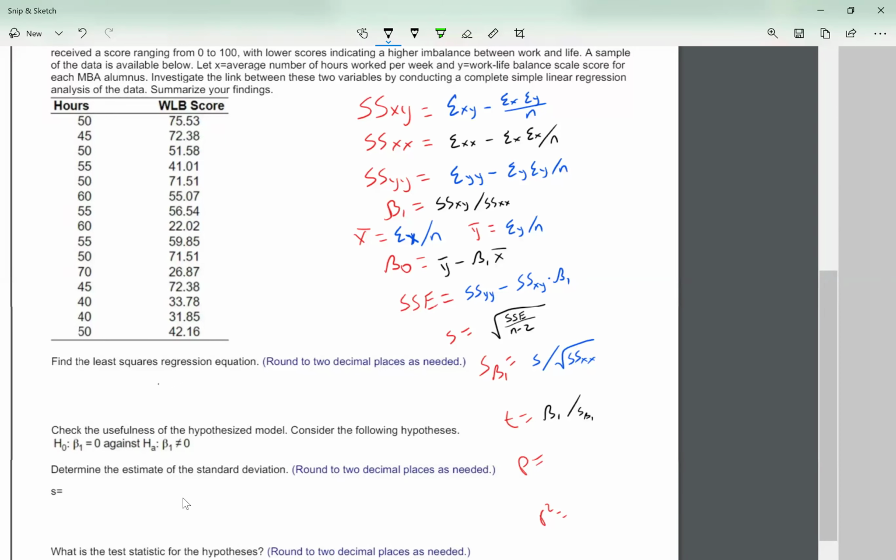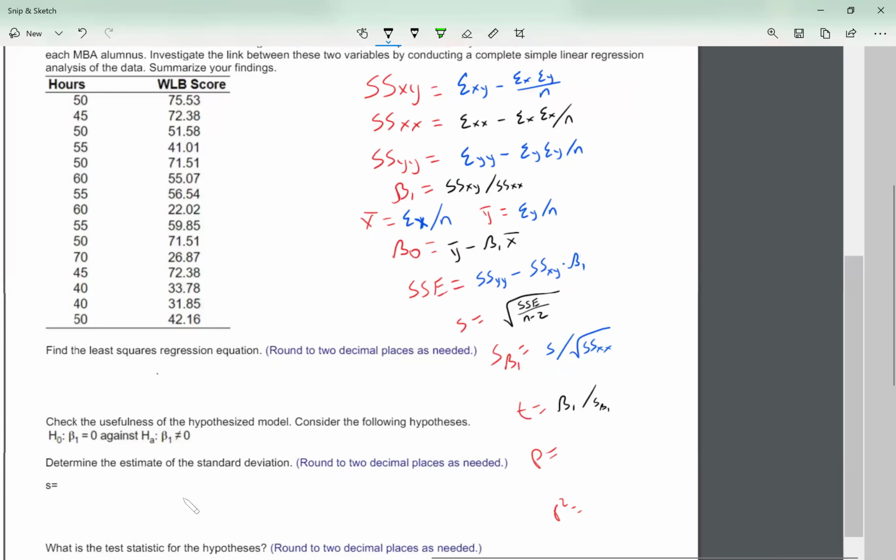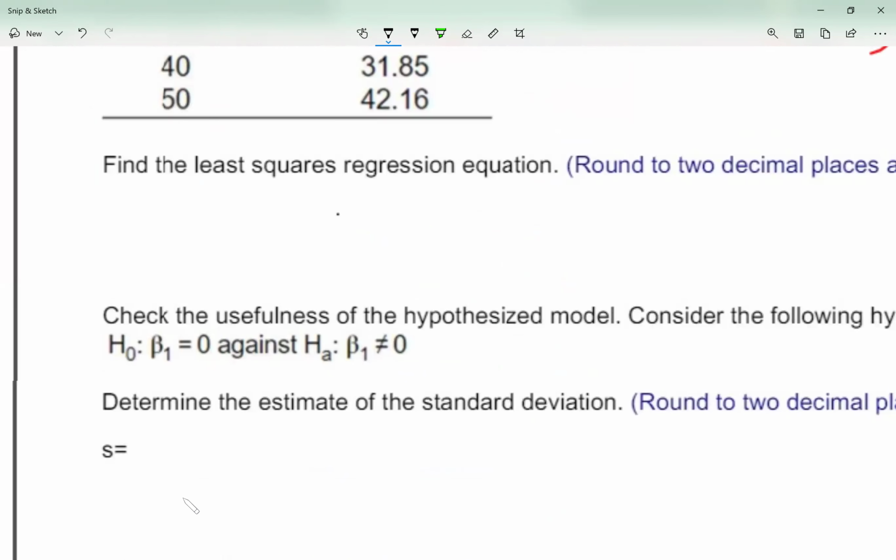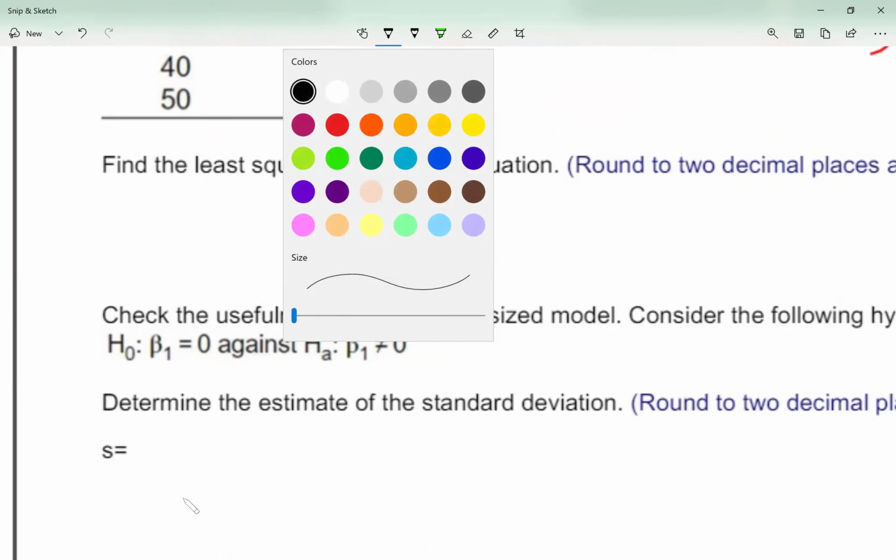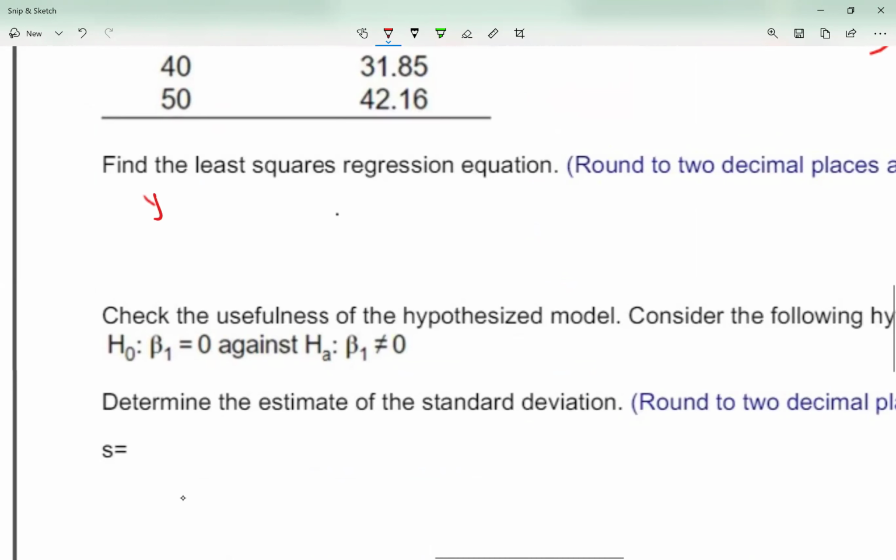For my least squares regression equation, remember the way we write this: y is equal to beta 0 plus beta 1 times x. We already have our beta 0 and beta 1, so I'm going to write this.